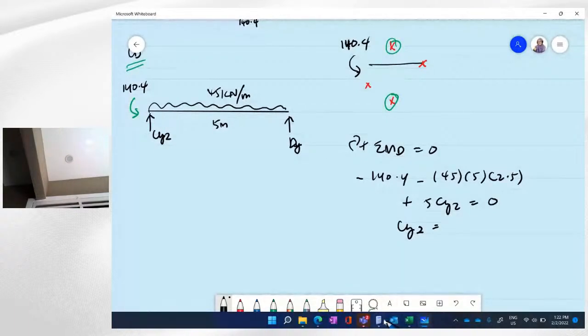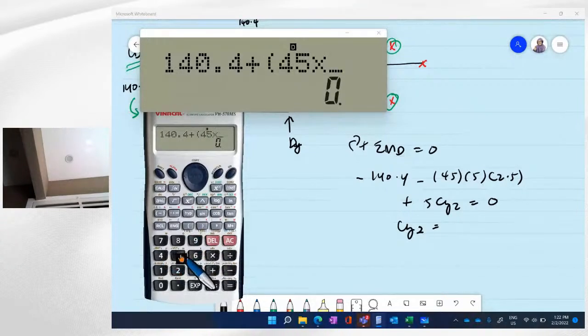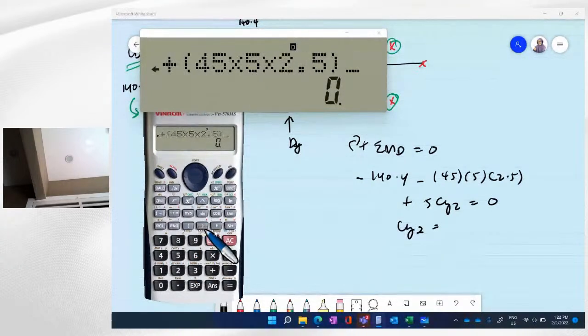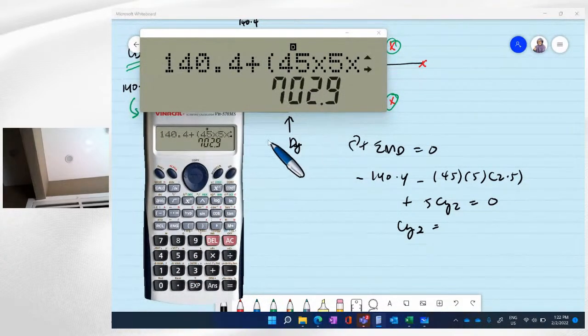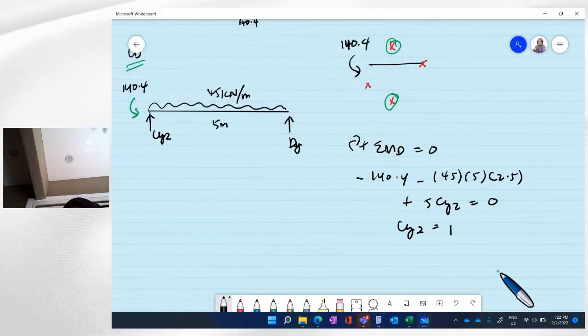It is 140.4 plus 45 times 5 times 2.5, divide by 5. So we get 140.58 kilonewton.